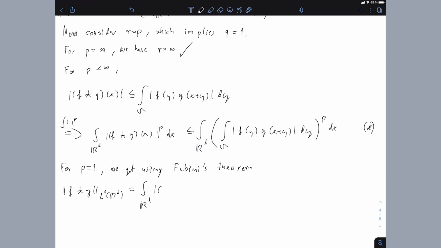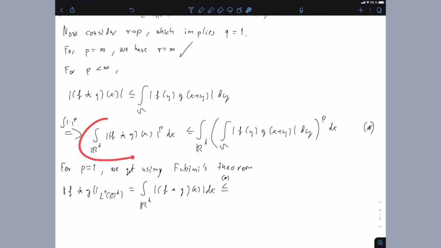This equality is just like the definition of the L1 norm. The L1 norm just says we integrate the absolute value. Nothing special.